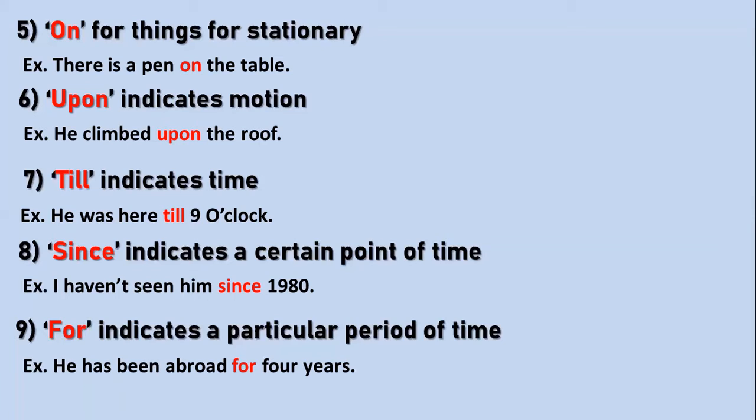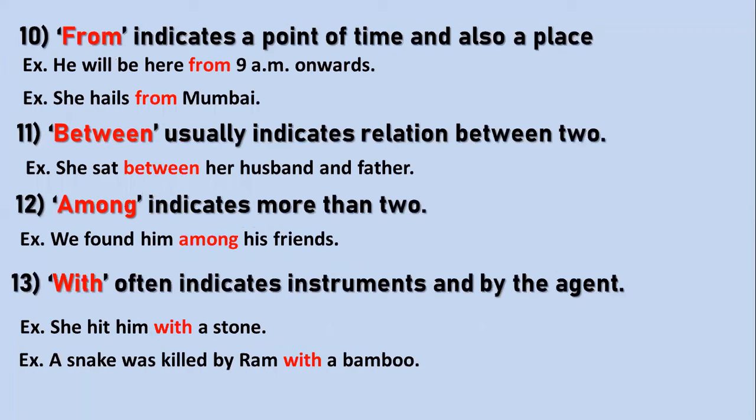For. For indicates a particular period of time. Example, he has been abroad for 4 years. When you want to exactly say the particular period of time of something, you can use the preposition for. Next, from. From indicates a point of time and also a place.